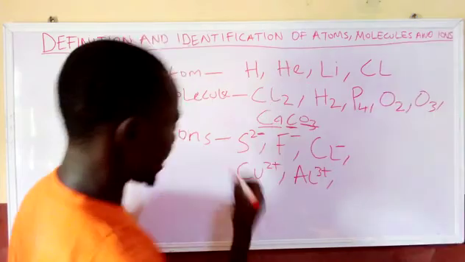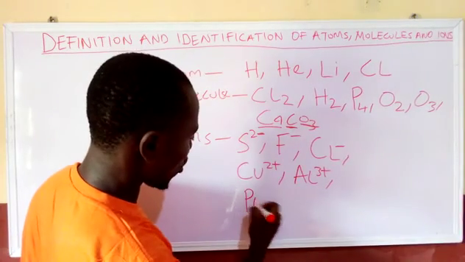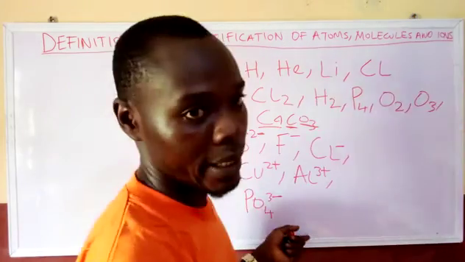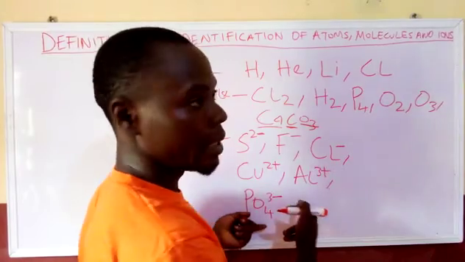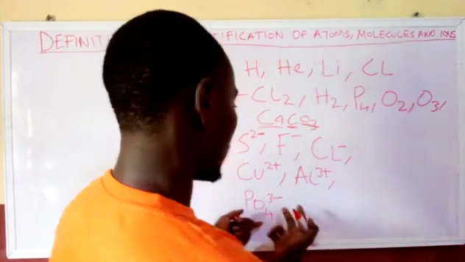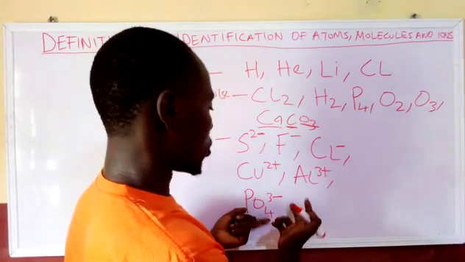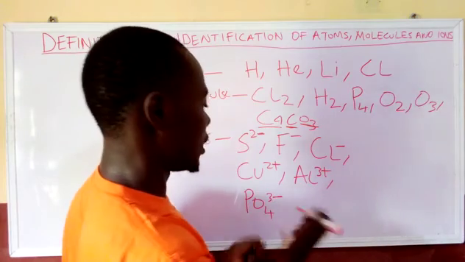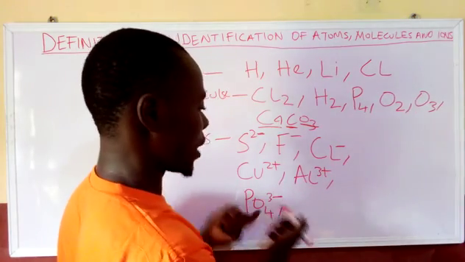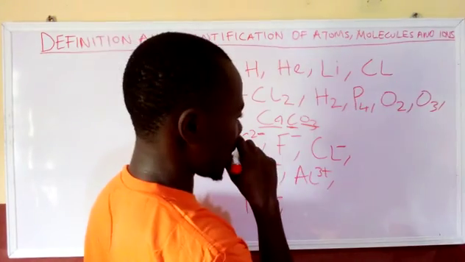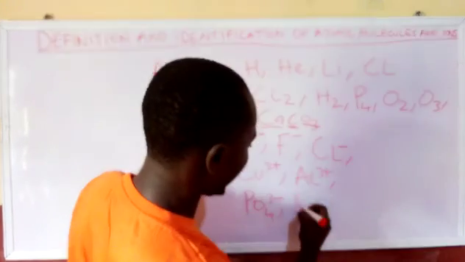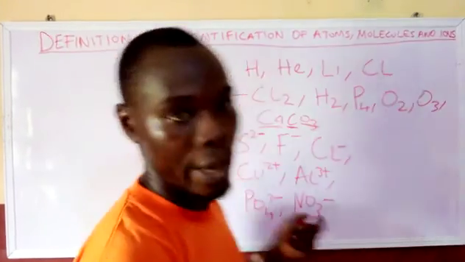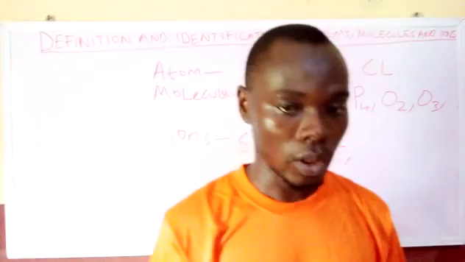Now when you have something like PO4 3 negative, this is the phosphate ion. When you have something like this, you call it a radical or compound ion. We can have another one, NO3 negative, that's the nitrate ion.